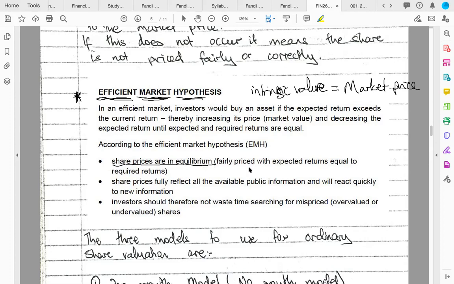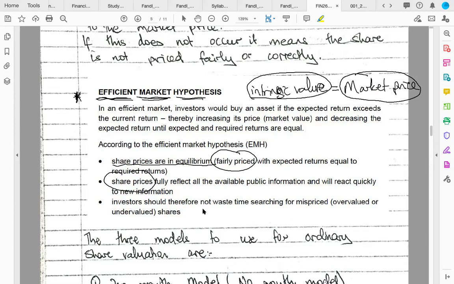Our shares are always fairly priced, and our shares always fully reflect all the information available to the public. We calculate the intrinsic value based on information available to the public. Everyone else in the market has that information, and that means the market price is equal to the intrinsic value.